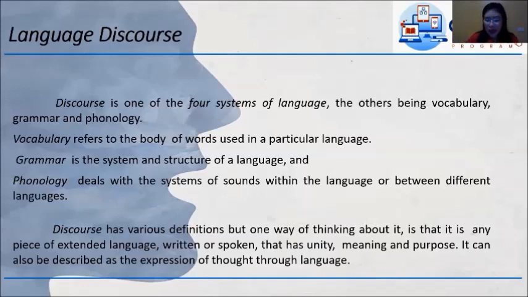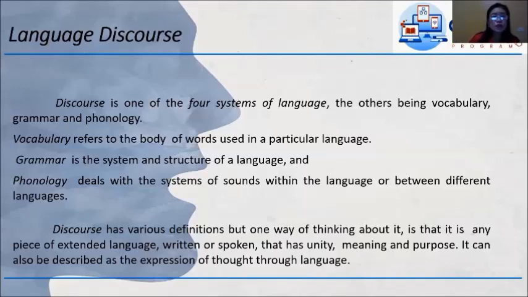There are hundreds of grammar rules, but the basics refer to sentence structure and parts of speech. What are these parts of speech? We have nouns, pronouns, verbs, adjectives, adverbs, prepositions, and conjunctions. That makes up the grammar.